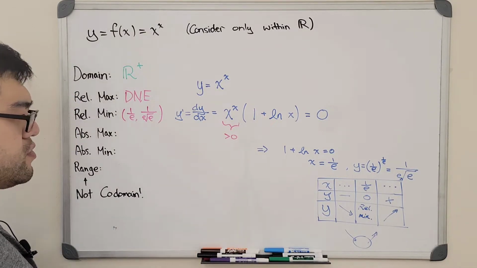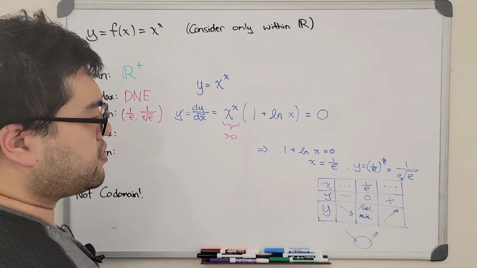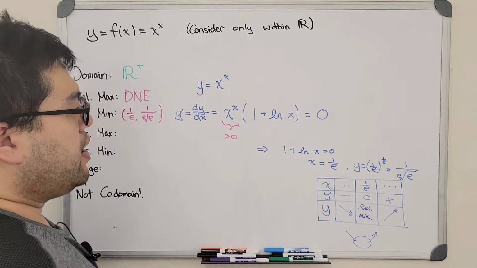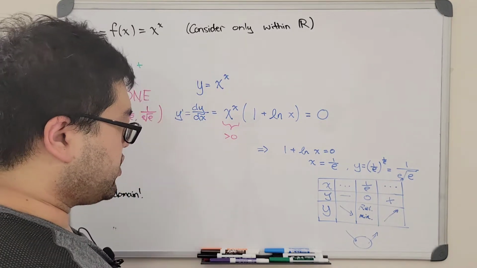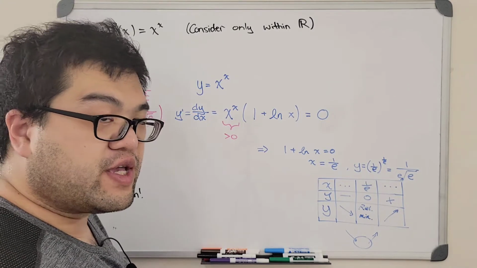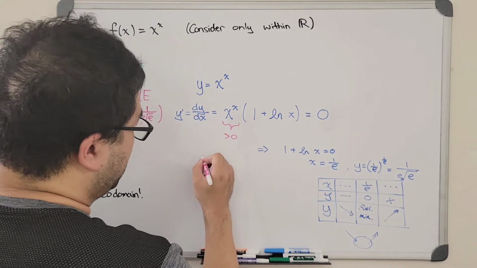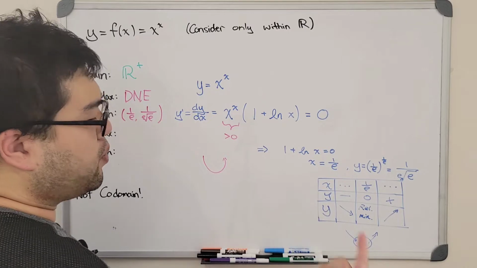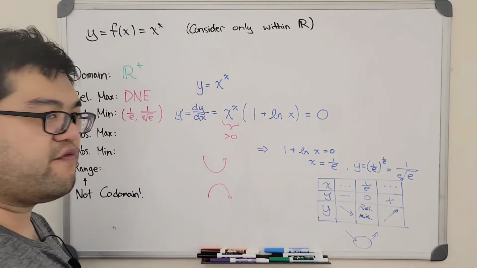Good. Another way of determining whether the point is a relative maximum or relative minimum is to take the second derivative of the graph, so that we can see what sign the second derivative has. If we have a positive sign, we get concave up like this. And if we end up with a negative sign for the second derivative, we have concave down, or some people call it convex.